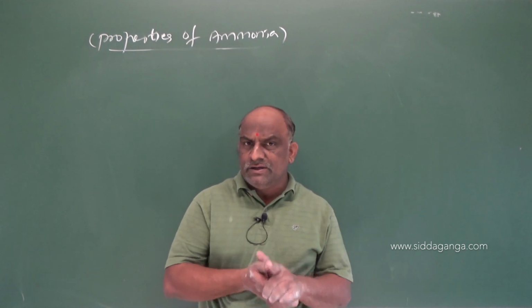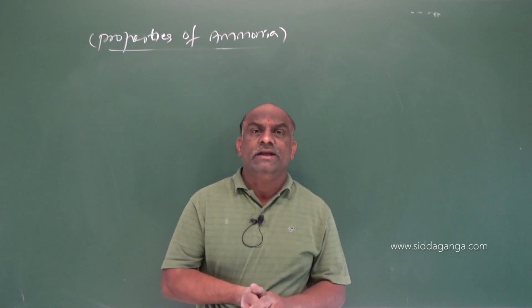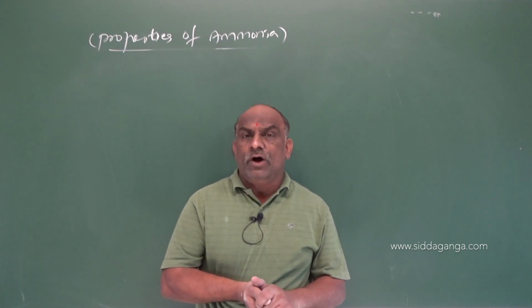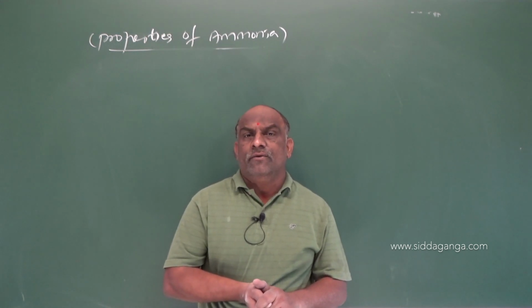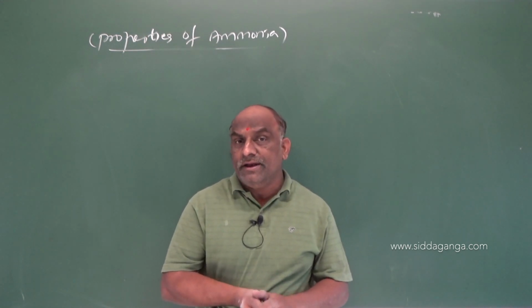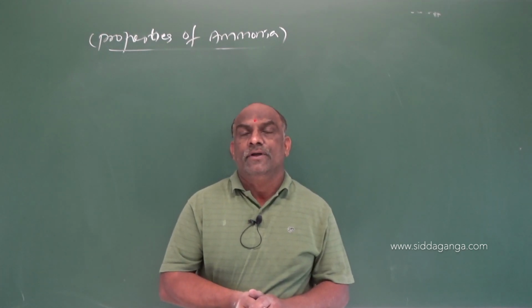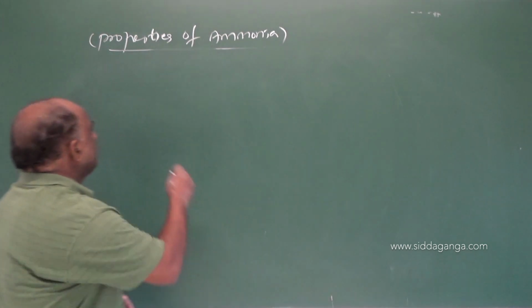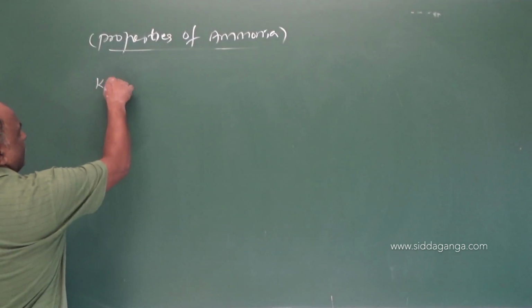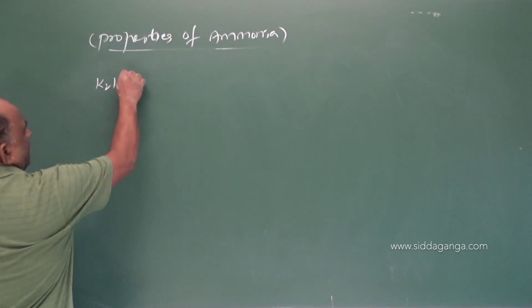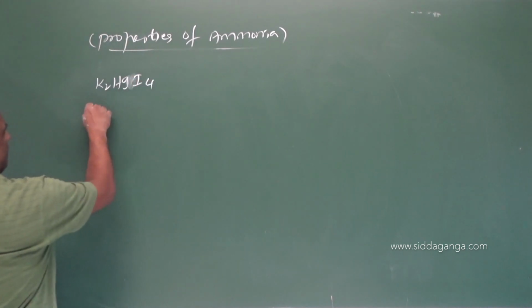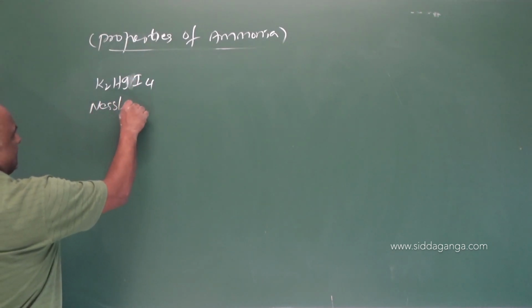This was a previous JEE entrance point of view question: what product is obtained when Nessler's reagent is treated with ammonia? So here, K2HgI4 is called Nessler's reagent.